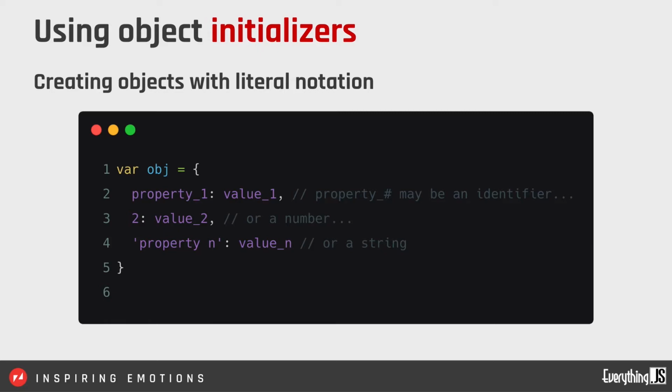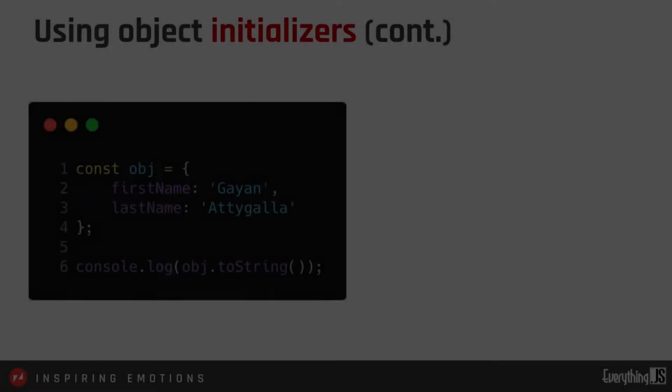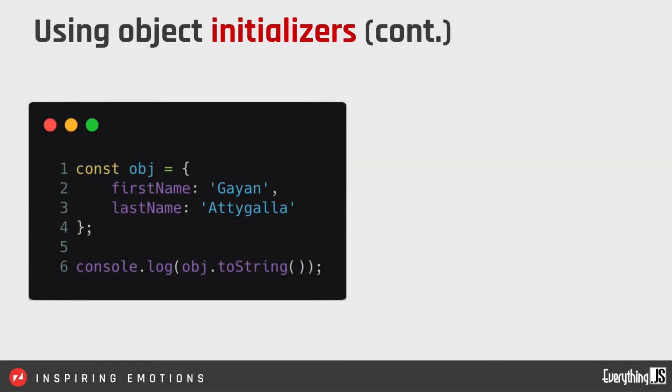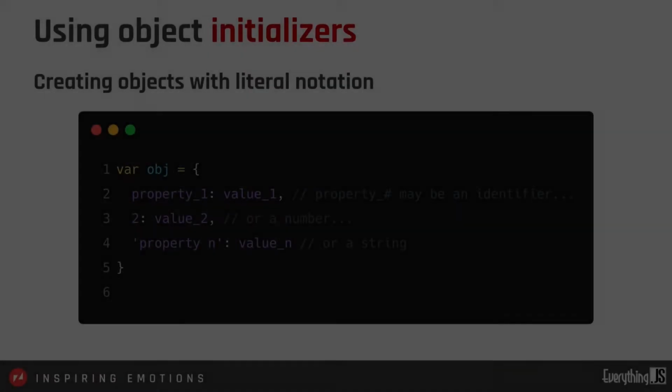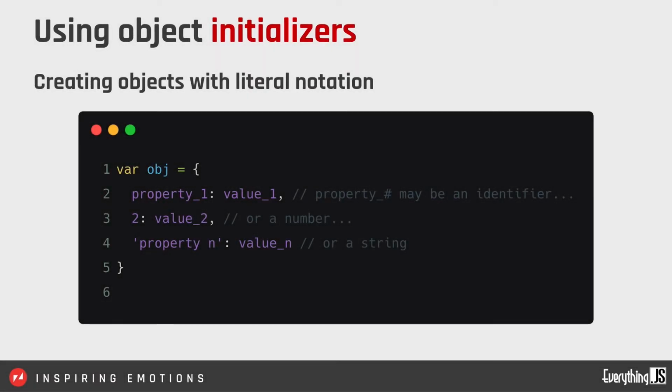So the literals are those curly brackets here. Within that you can give key-value pairs like string or number. In this way also, this is one method to create an object. And if you go back to that previous slide, did you notice that property names of a particular object can have spaces?